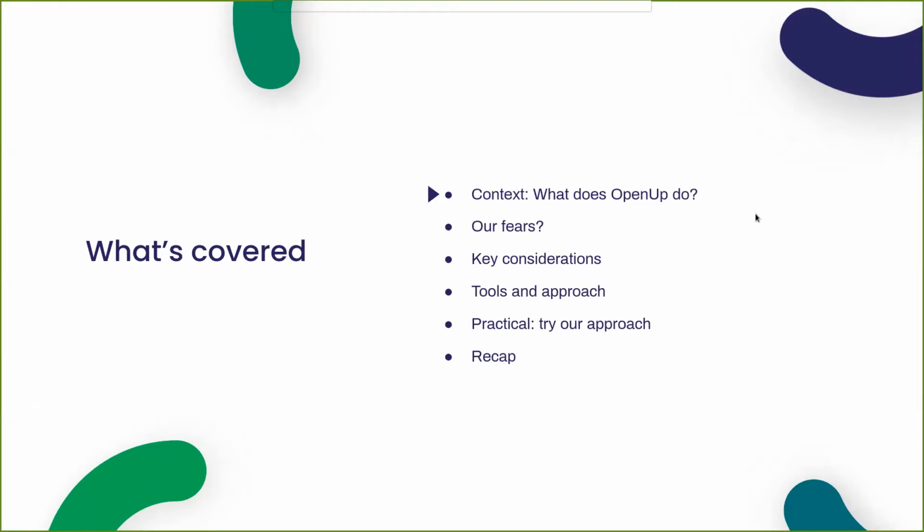Then we'll talk about key considerations that we believe should really be paid attention to in all projects. Then I'll show you a very simplified version of basically many common practices that end up working well, that I'm going to just call our project approach.